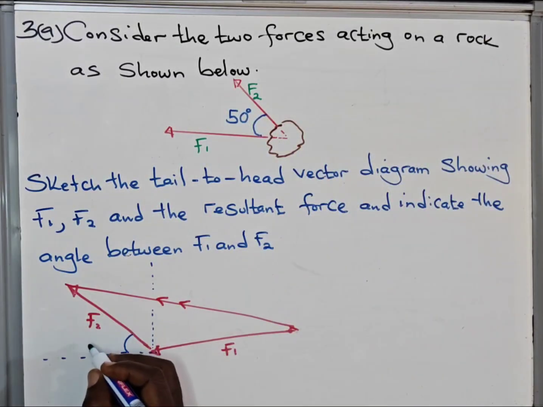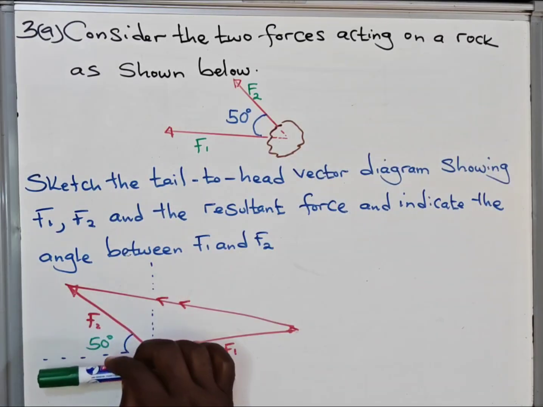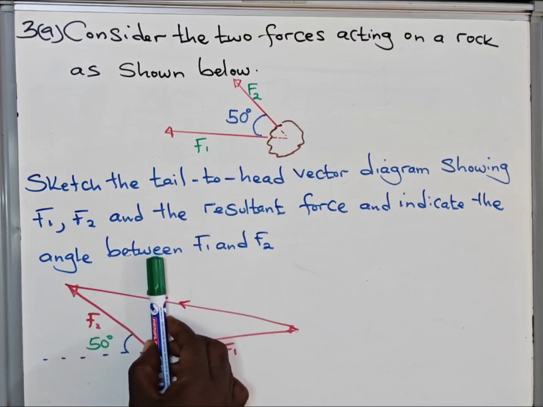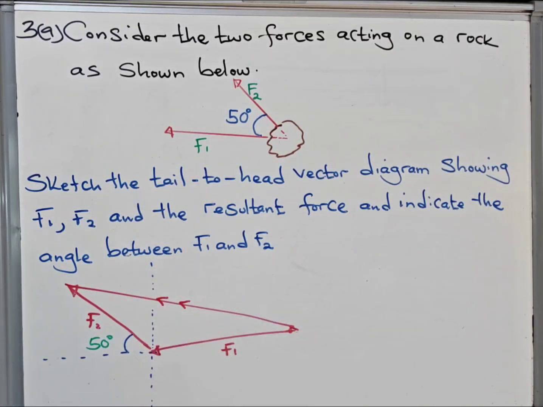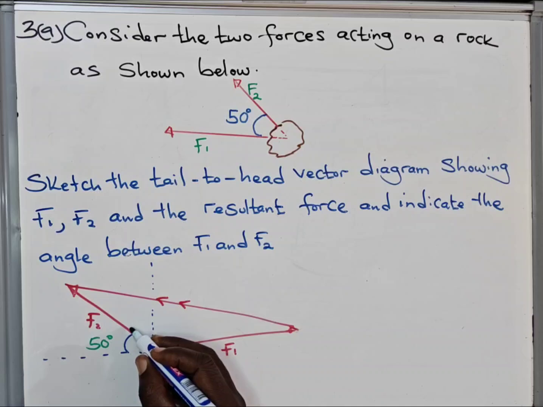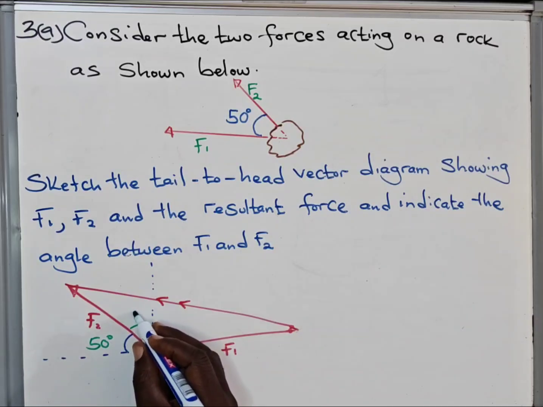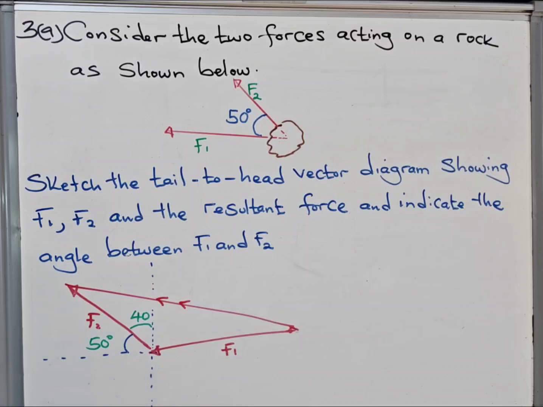So it is 50 degrees. You need to know that from this x-axis to the y-axis, the angle is 90. That implies that this angle here is 40, because these two must make up 90.